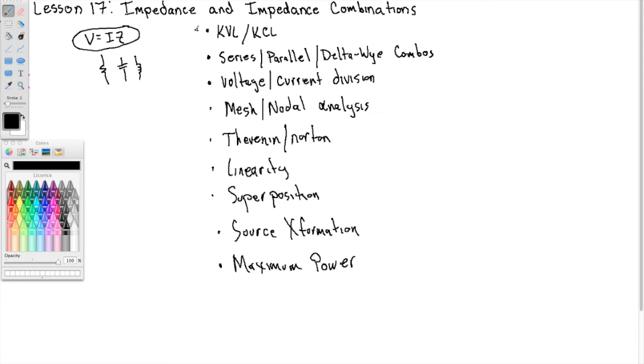All of these things, this long list, still hold true simply because we can relate the voltage and the current by a linear relationship. So these all hold true even with the capacitor and the inductor. And we will look at some of these in the remainder of this course. And right now I want to look at series and parallel combinations.